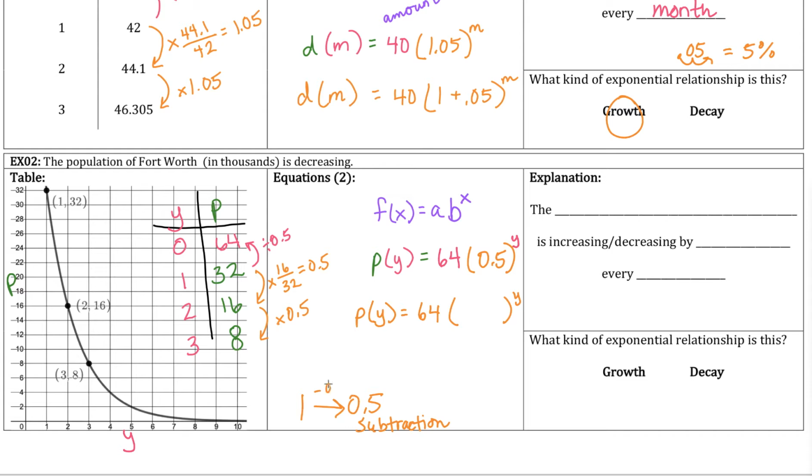That means minus 0.5. We did 0.5 minus 1 equals negative 0.5. And we can see that's how we get from 1 to 0.5. We start at 1, and we subtracted 0.5.